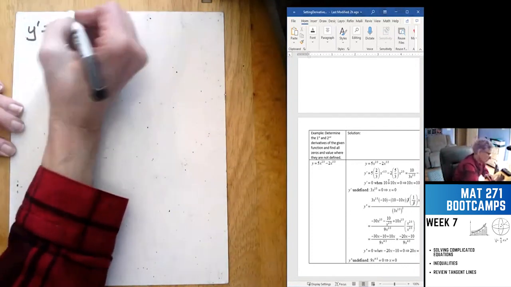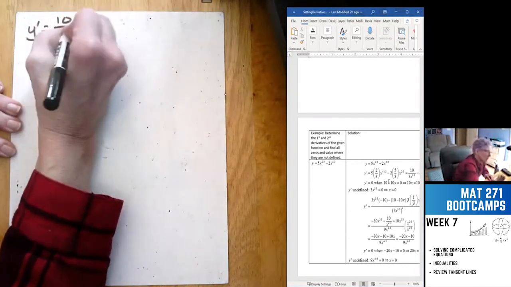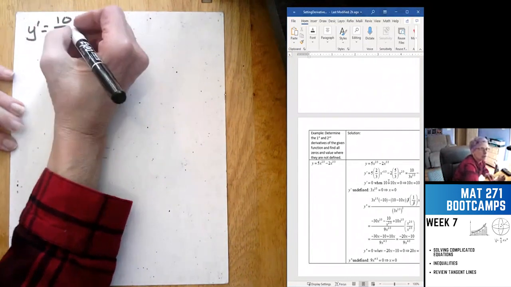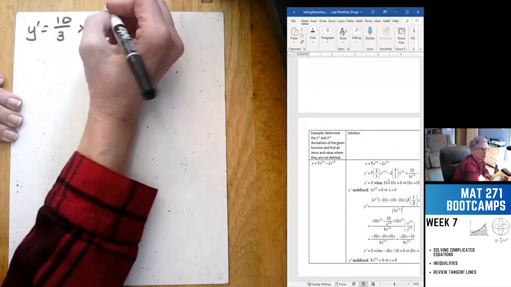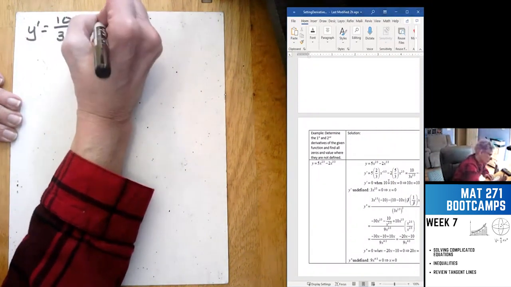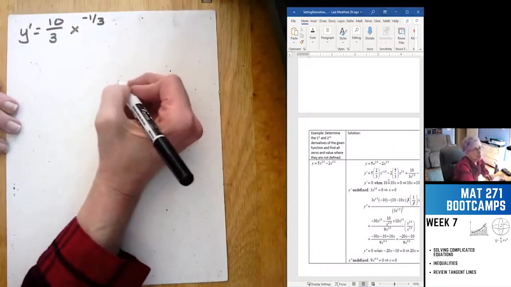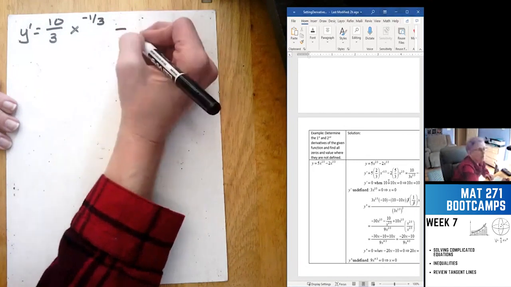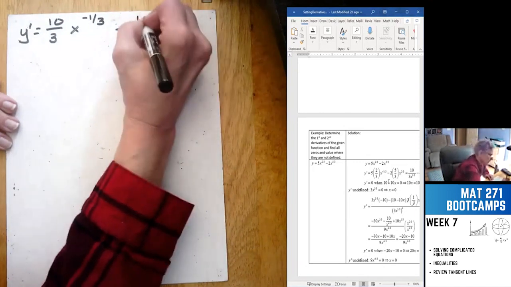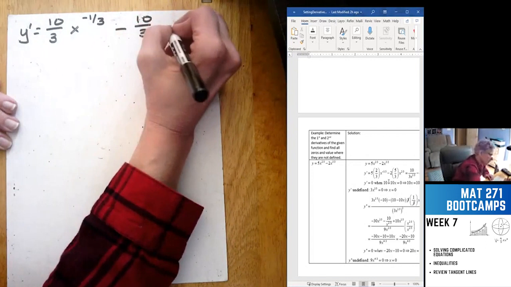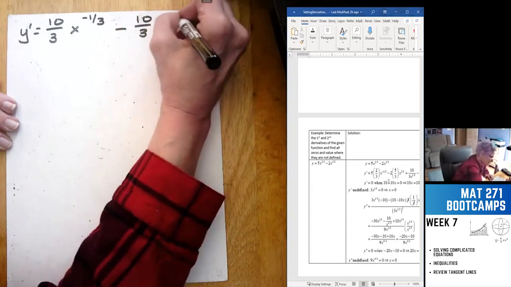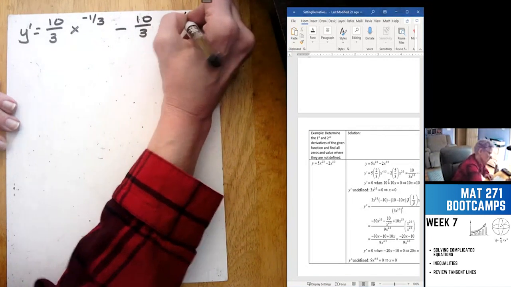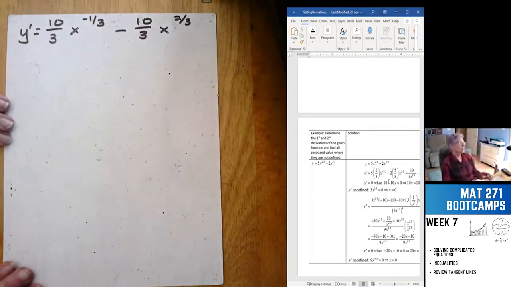So 2/3 falls down. 2/3 times 5 is 10/3, x to the subtract 1 from the exponent. Stop me when I make mistakes. 2 times 5 again is 10 over 3. Subtract 1 from the exponent. 5/3 minus 3/3 is 2/3.